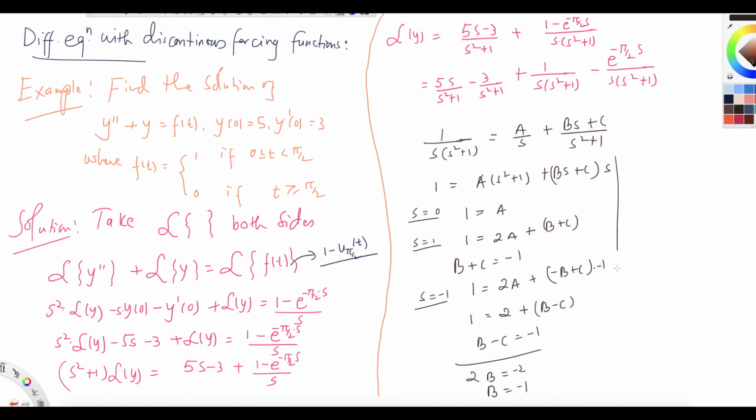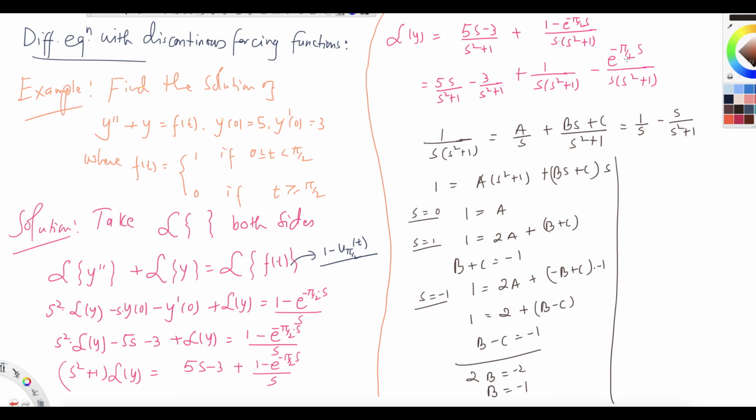Finally, let me write down here. You get a is 1 over s, and then minus bs is minus s over s squared plus 1, because c is 0. That's what you get. You see that? So this term can be written like that. How about this term?